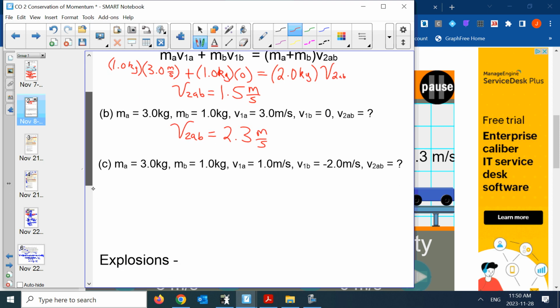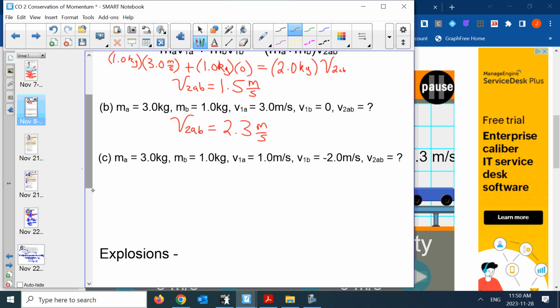Let's use our imagination to make a prediction for C. So red is still 3, blue is 1. Red is moving at 1 meter per second, but blue is moving at -2. So it's moving towards it, and faster in absolute value of velocity. Now, you look at their individual momentum before.